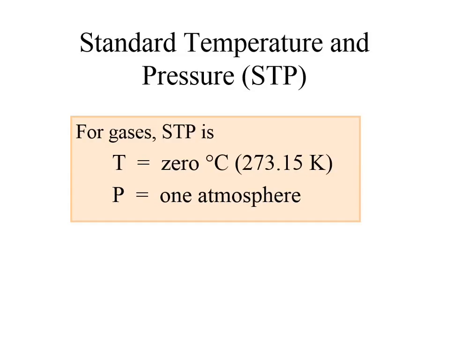This took me a while to figure out. If we substitute in a standard pressure of 1 atmosphere, a standard temperature of 0 degrees Celsius, and for n, our moles, 1.000 moles, the only thing I don't know is volume.